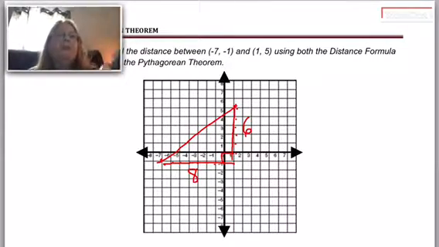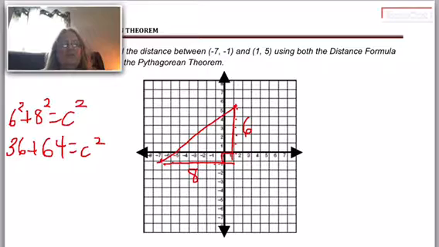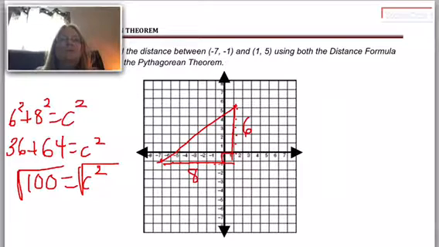So to do it by Pythagorean theorem, 6 squared plus 8 squared is equal to c squared. 6 squared is 36. 8 squared is 64. 36 plus 64 is 100 is equal to c squared. So c is equal to the square root of 100, or 10.